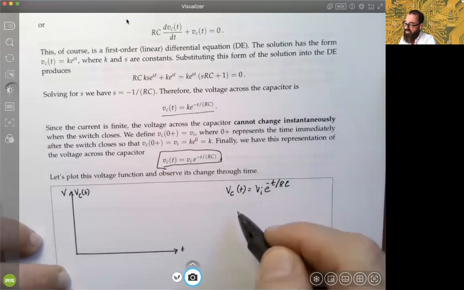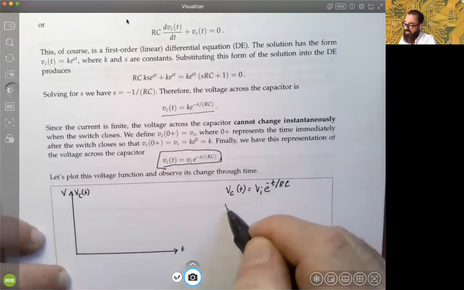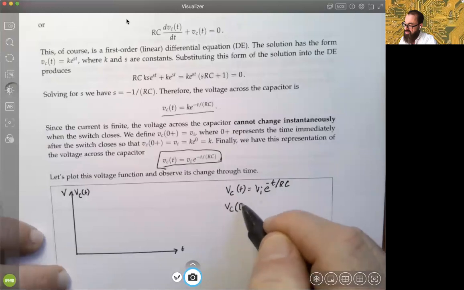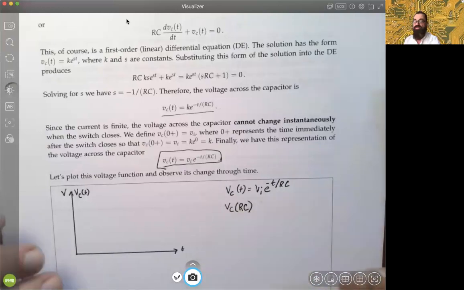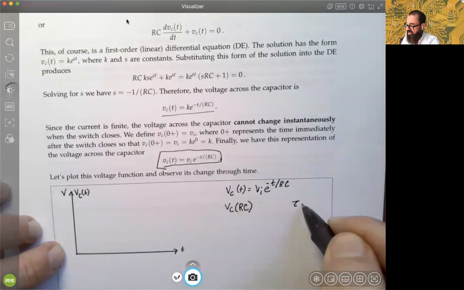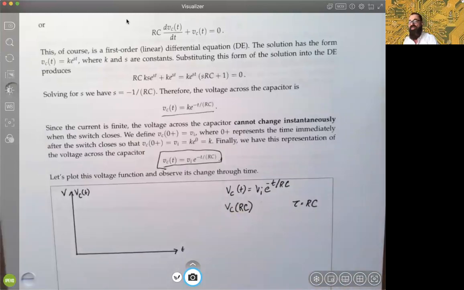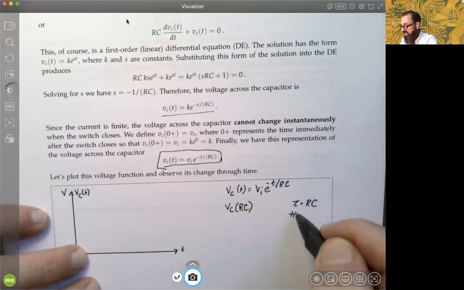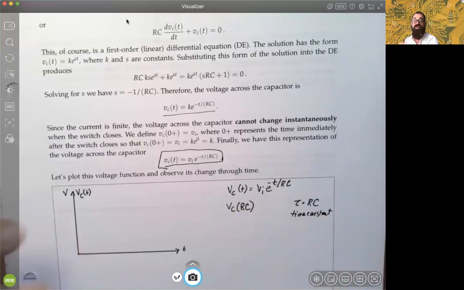What if we were to plug in the particular constant R times C, which we give a name, a Greek letter called tau. Tau is known as a time constant, and in our case it is the product of your resistance times your capacitance.